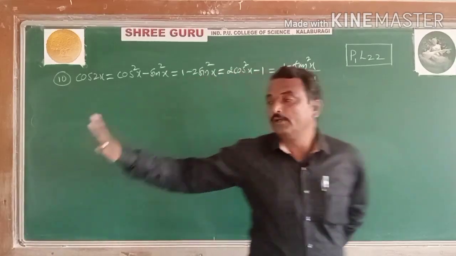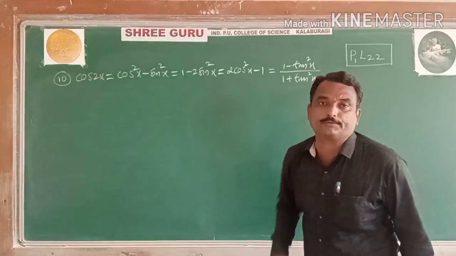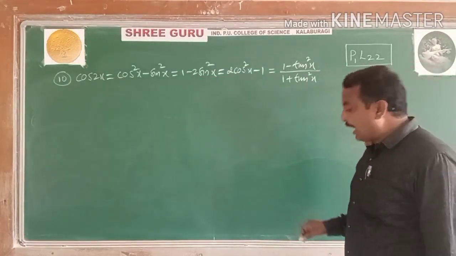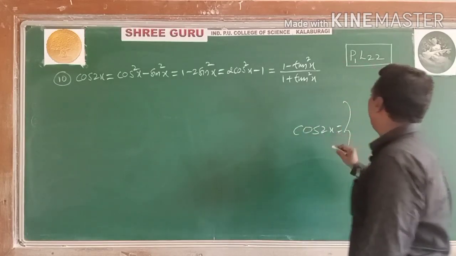You may write the cos 2x formula in 4 ways.